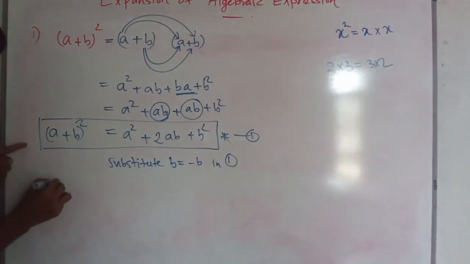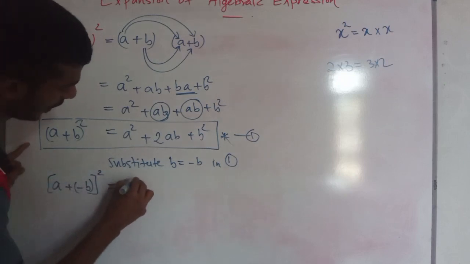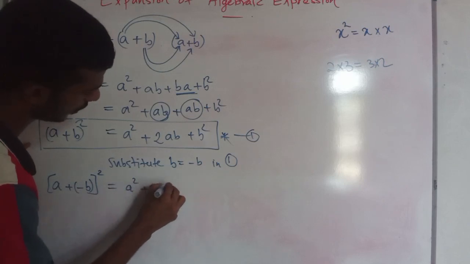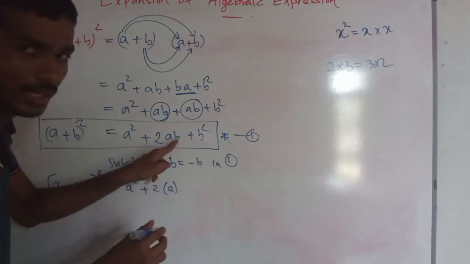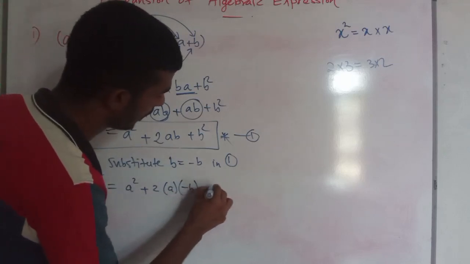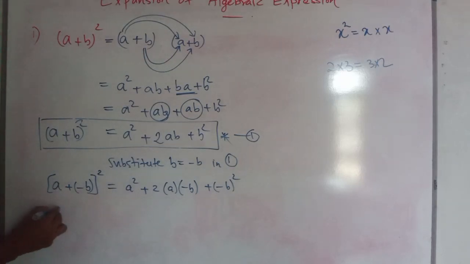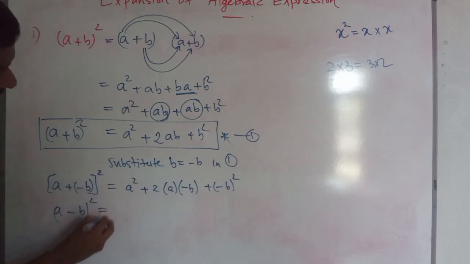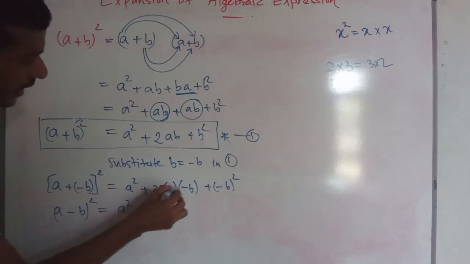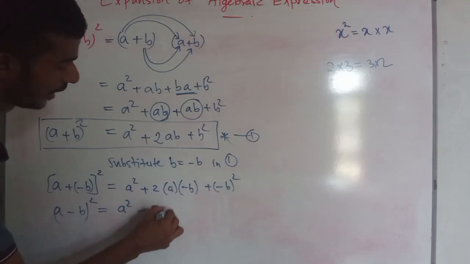Now what will I get? (a plus minus b) squared is equal to a squared plus 2 into a into b, but we replace this b by minus b, plus (minus b) squared. Now you see, (a minus b) squared is equal to a squared, and here this minus and this plus give you minus 2ab.